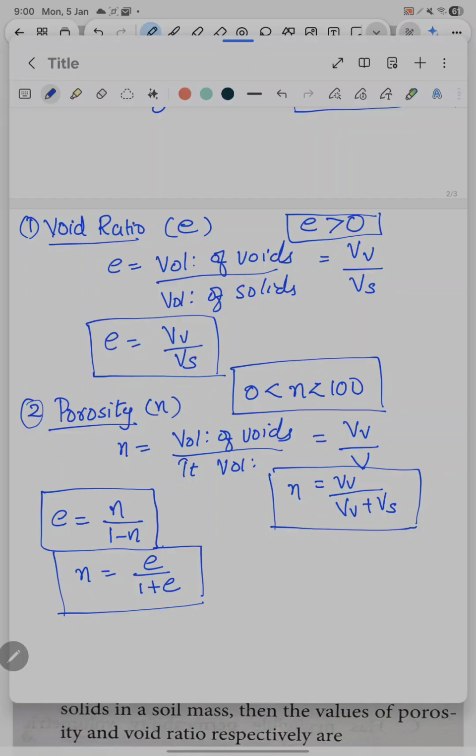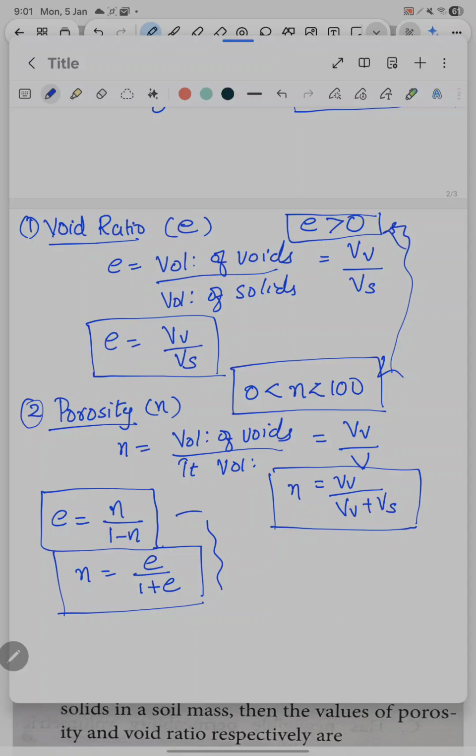The range is 0 less than n less than 100, and the relation between n and e is n is equal to e by 1 plus e. So these two equations are very important, and you have to learn these values by heart.